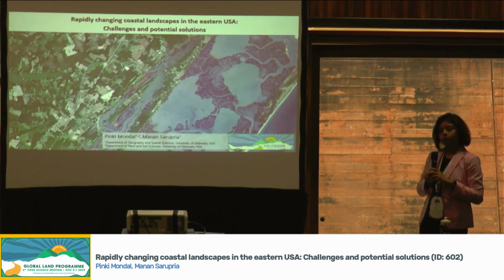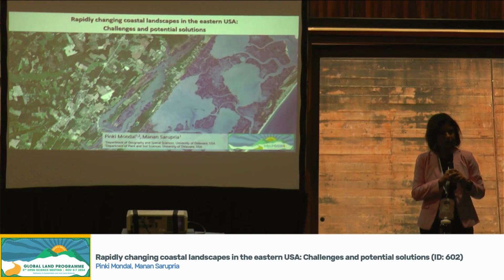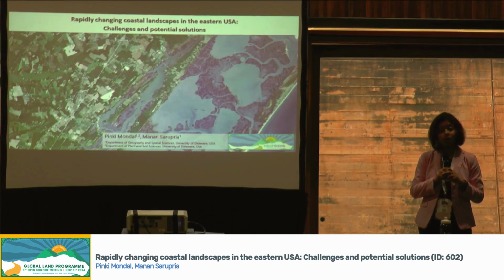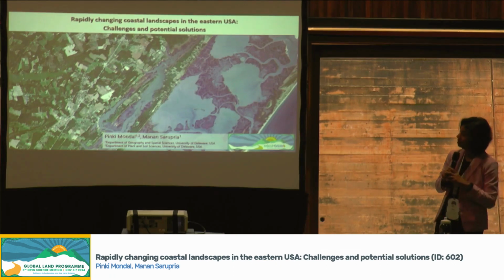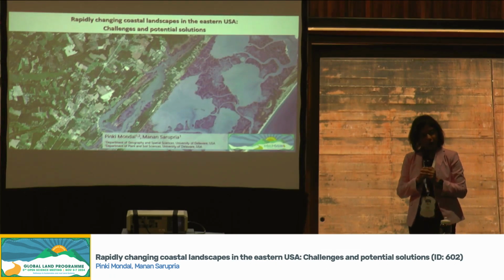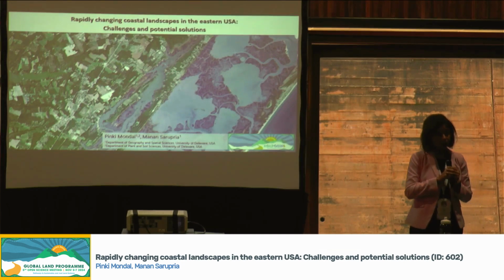So when you think about coastal landscapes, what comes to your mind? Beach, mangroves. I'm not going to talk about either today. So what I'm going to talk about today is this landscape. It's a very beautiful landscape in the northeastern part of the USA.